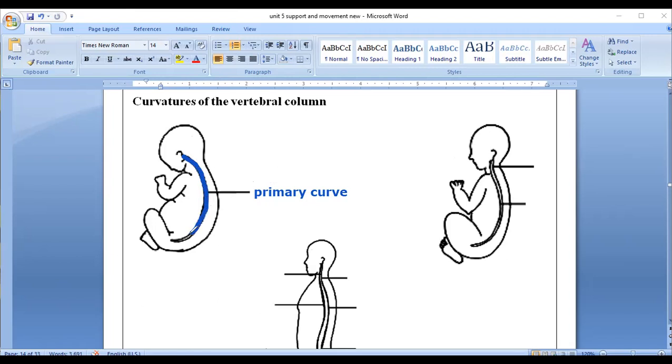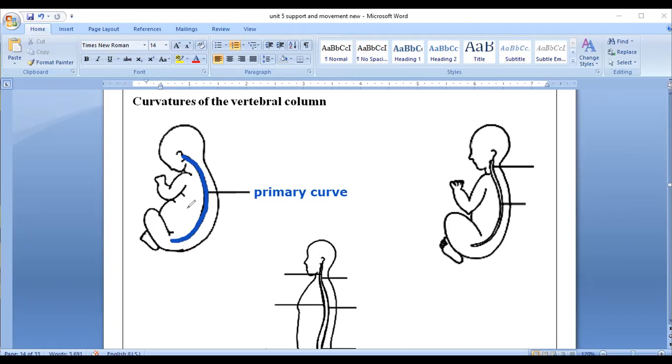Yes, sir. So when the child is born, the vertebral column will be in the shape of the letter C. There will be only one curve there.